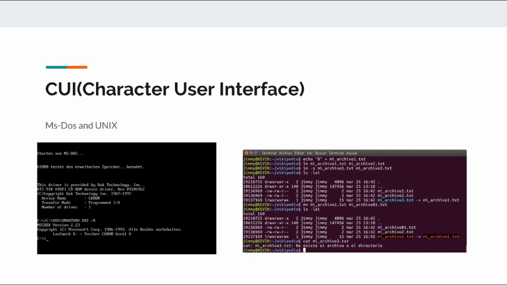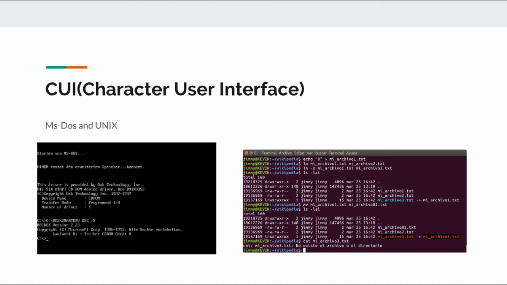But for CUI, the MS-DOS or Unix screens, we can't use the mouse. We have to run a command for every single process. If we want to play music, we have a command for that. If we want to open a file, we have to run a command for that. So basically we have to use commands, which are characters. That is why the name is character user interface.